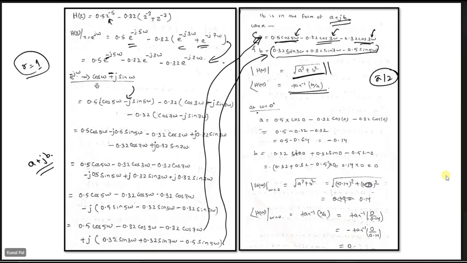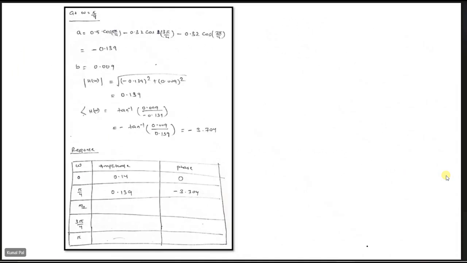At omega equals 0 degrees, our modulus of H(omega) is this one, and our phase is this one. Accordingly, the other values should be calculated, and the frequency response should be tabulated in this form, where you have omega, then amplitude, and the phase response.